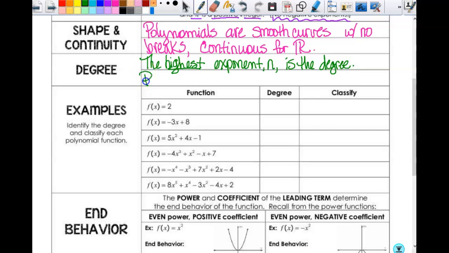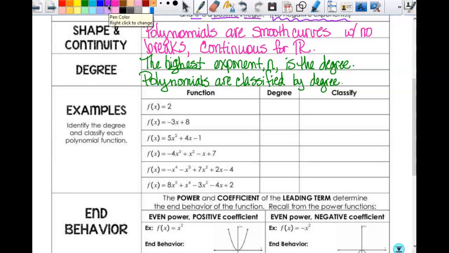Polynomials are classified by degree. Some of them have a special classification name that's not just a 4th degree or a 5th degree. We'll talk about some of them. Actually, they all do, but when they get bigger than 5, we don't really necessarily talk about them that way.